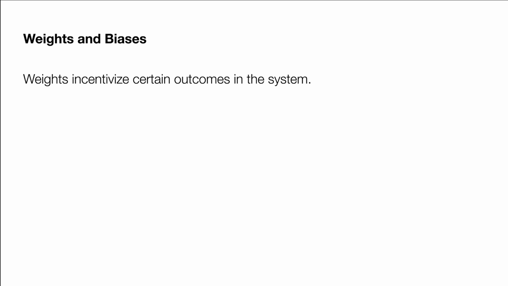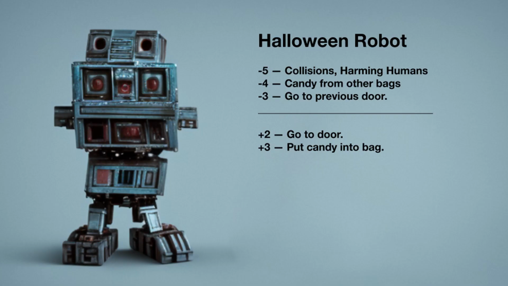Here's an example. Let's say you are building a robot and it's supposed to go get some Halloween candy. Now, your first priority, first thing you'd incentivize in this robot would be safety, right? Because we're all very responsible programmers. So your first goal is to go out and get Halloween candy without hurting anybody. So you would say -5 is the weight associated with hurting someone.